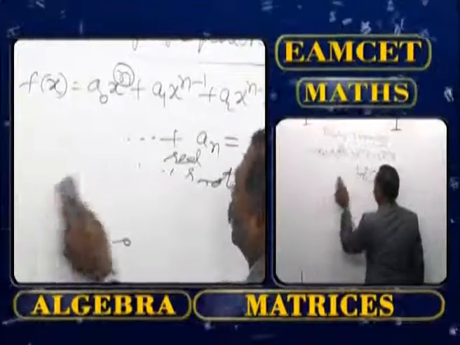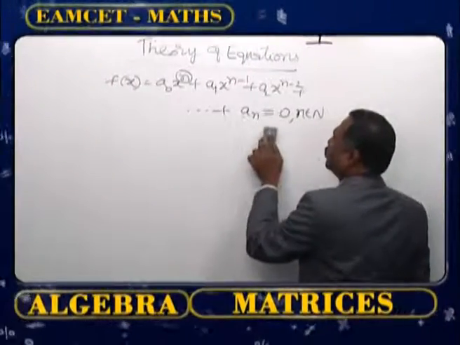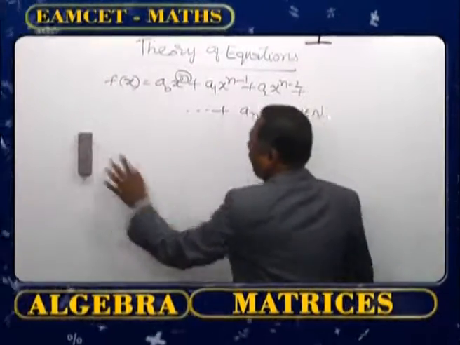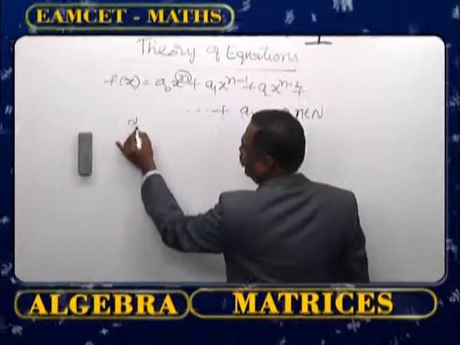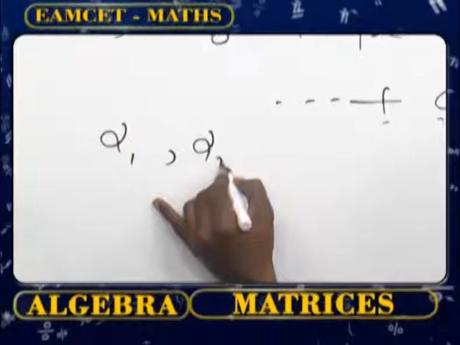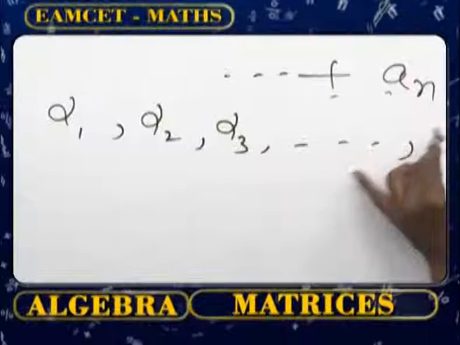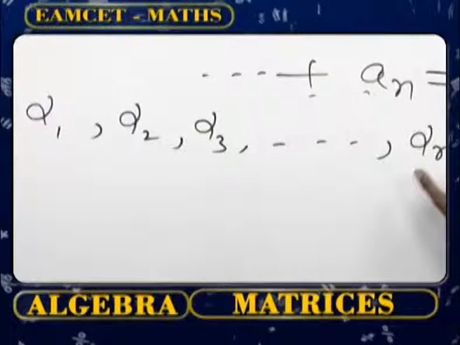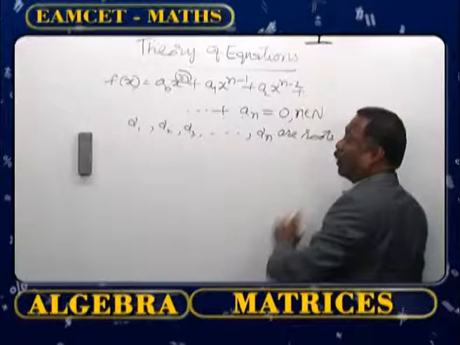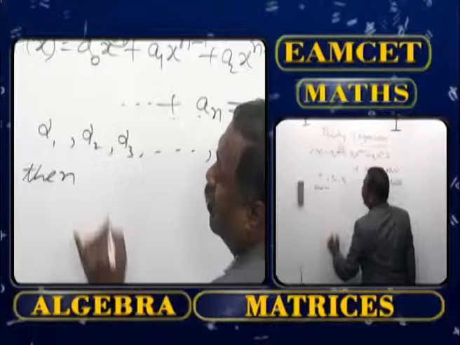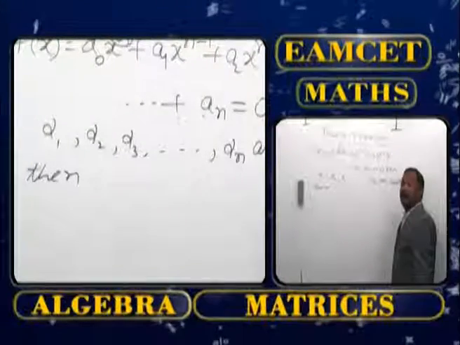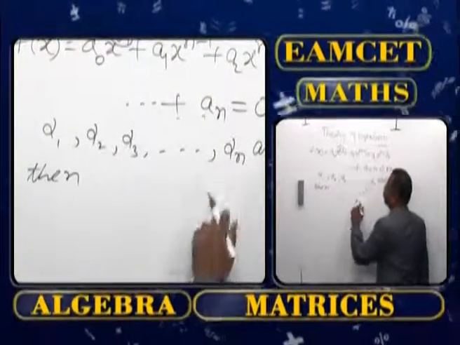So what I'd like to tell you in this case is this. If alpha 1, alpha 2, alpha 3, and so on, alpha n are roots, then I will form the nth degree polynomial equation like this.